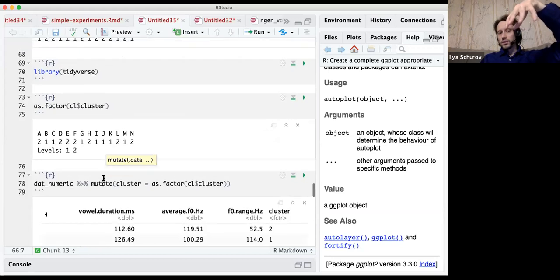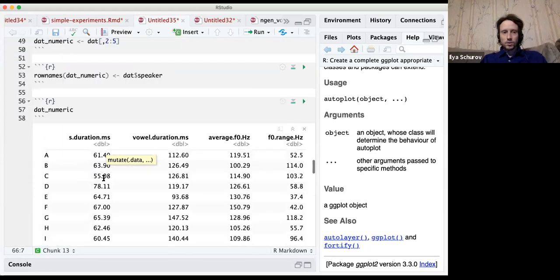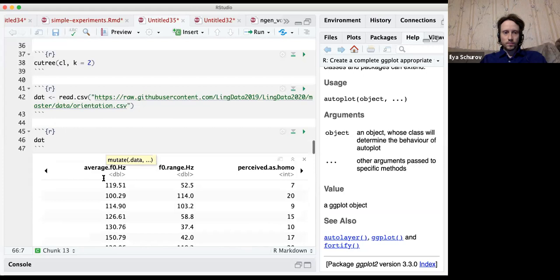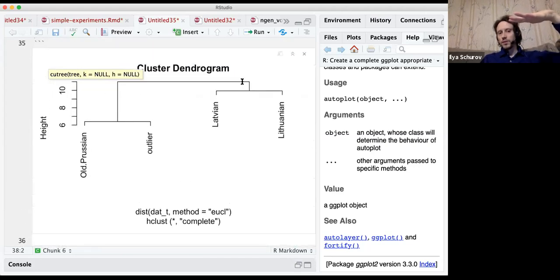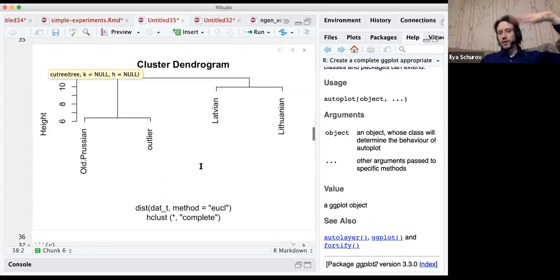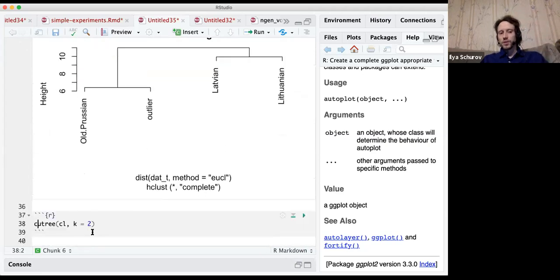And to get clusterization, you have to use this function cutree that just cuts your dendrogram at some level to get the number of clusters that you specify here.